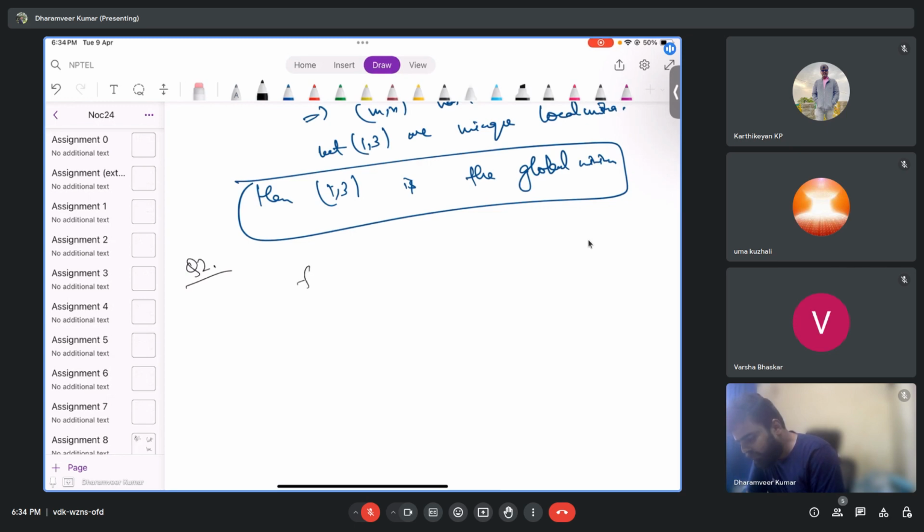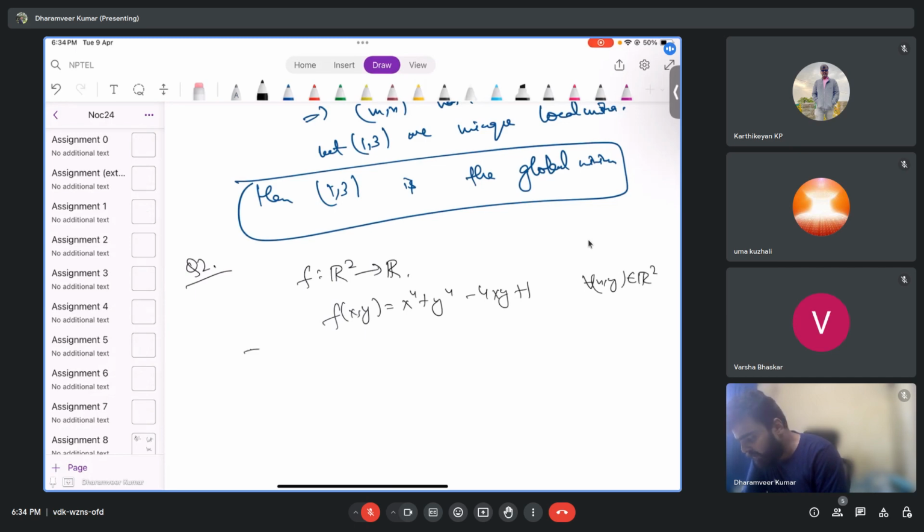So now f from R squared to R, I've given all the conditions, right? Let's see. f from R squared to R we define as x to the power 4 plus y to the power 4 minus 4xy plus 1 for all (x, y) in R squared.